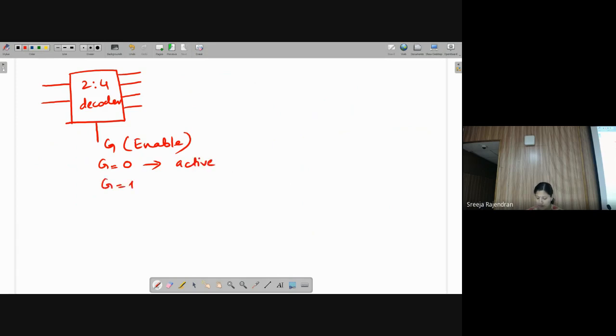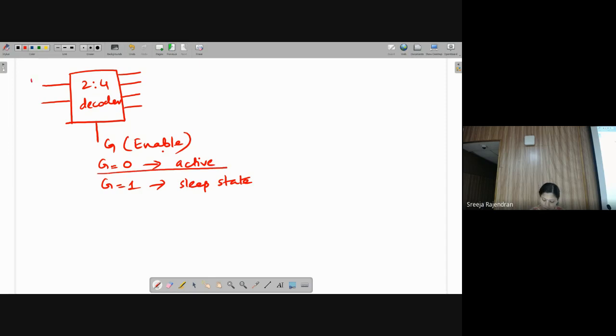If G is 1, the circuit is in a sleep or dormant state, so you do not get any output irrespective of the inputs applied. If G is 1, there is no activity happening in the circuit. I need my G to be 0 so that the circuit is active.